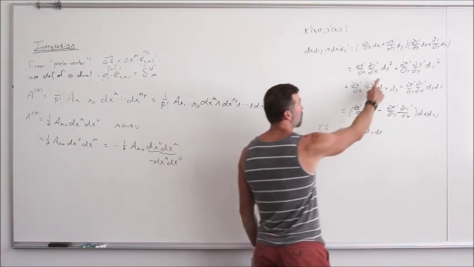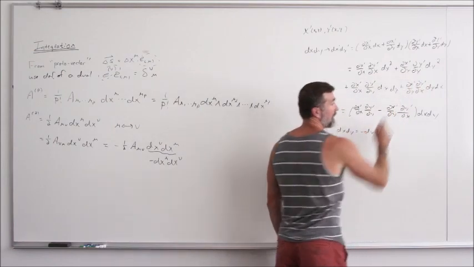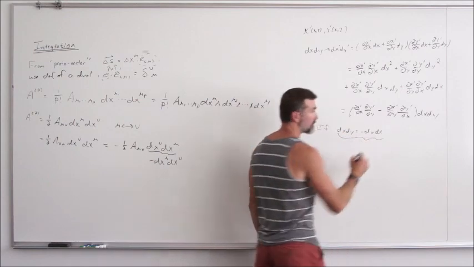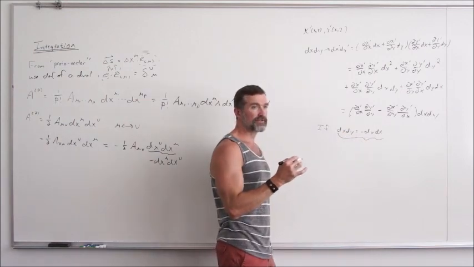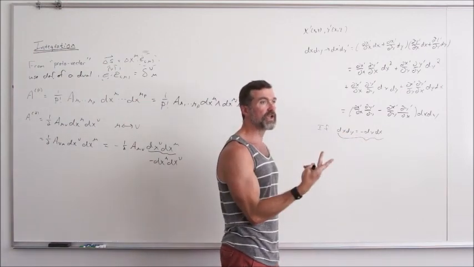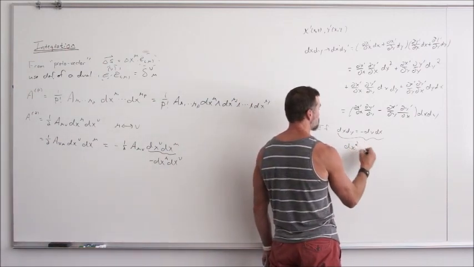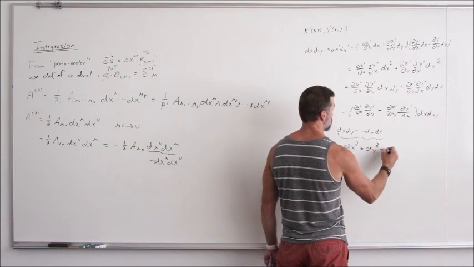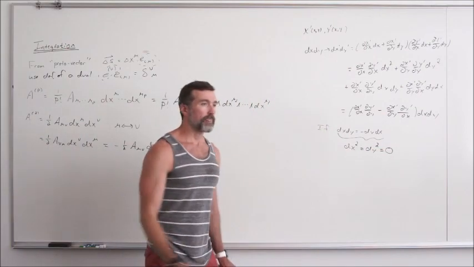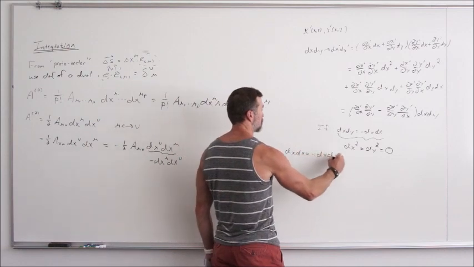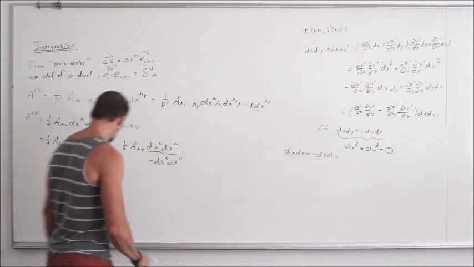But then you might ask, well, what about these terms? And here we get something a little weird. Because if this is true, if I take any two coordinate differentials and interchange them, I get a minus sign, then this immediately implies that dx squared and dy squared are 0. Because you would have to be able to say this, which means that it's 0. Okay?